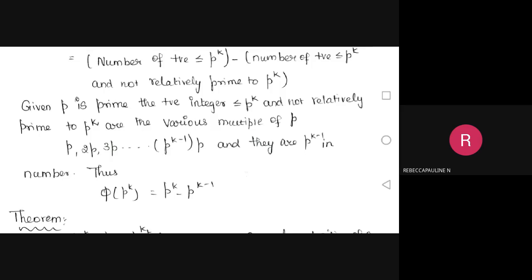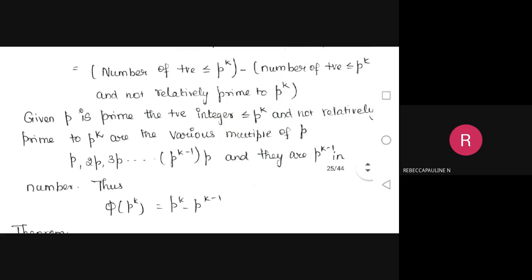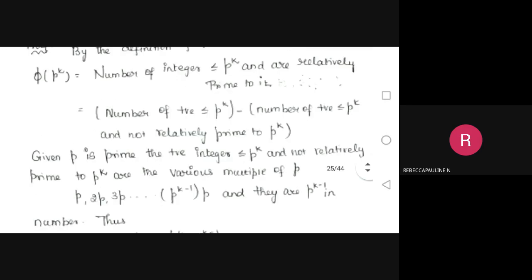So how many integers are not relatively prime to p power k? You can count p, 2p, 3p up to p power k minus 1 into p. So the number of integers is p power k minus 1.